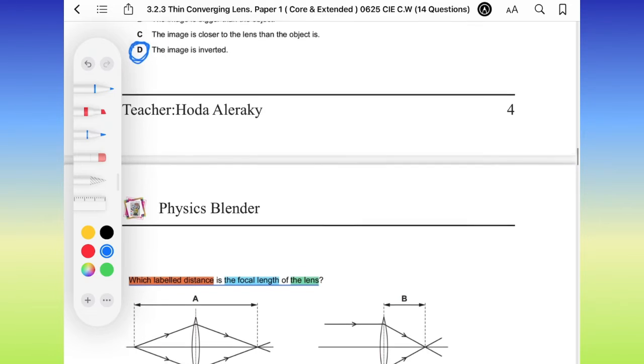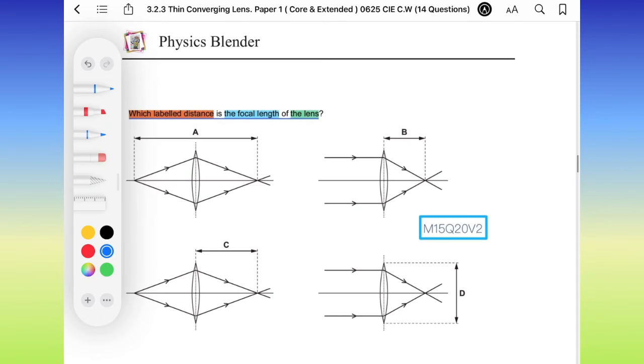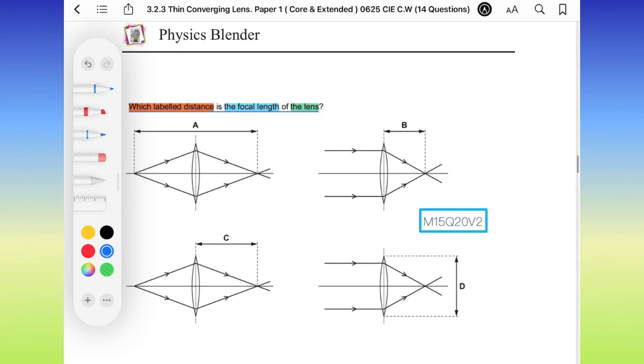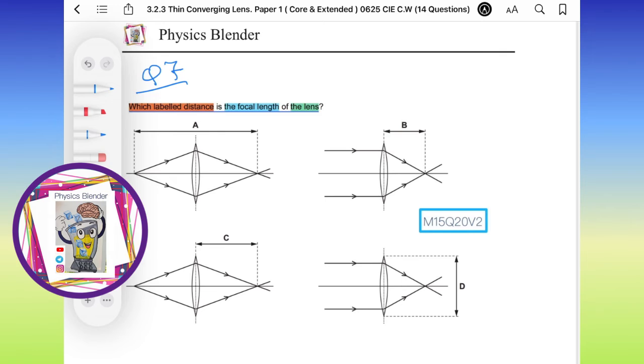Question number 7. Which labeled distance here is the focal length of the lens? According to the 3 standard rays, the ray which is parallel to the principal axis will refract through the focus, right?